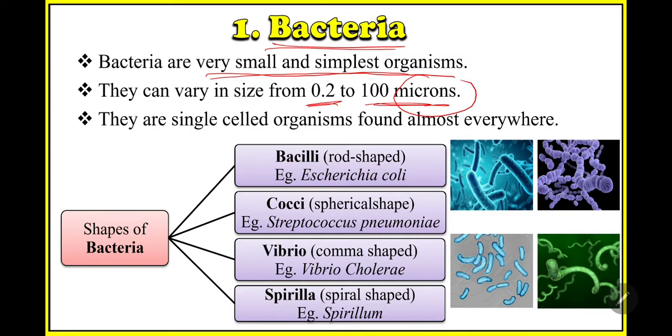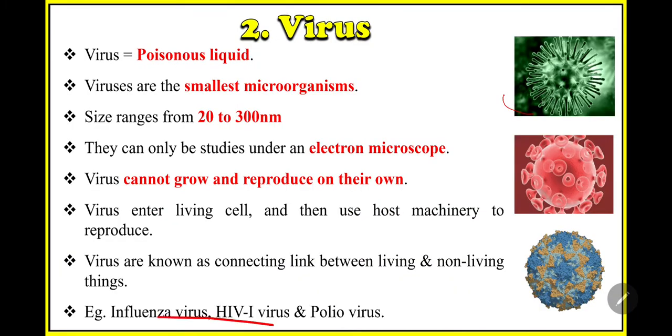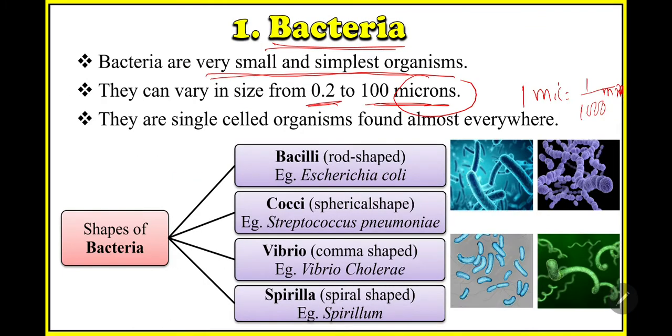You have heard about meter, centimeter, nanometer, and millimeter. So 1 micron equals 1 by 1000th of a millimeter. So assume how small this is. It can vary in size from 0.2 to 100 microns.